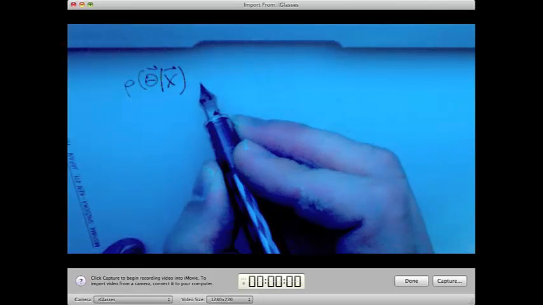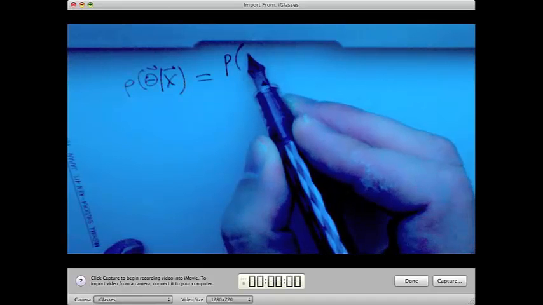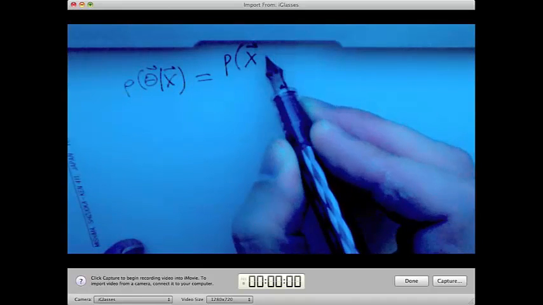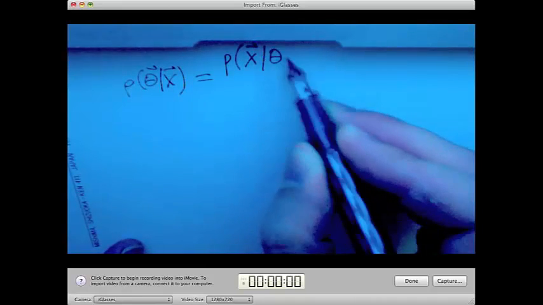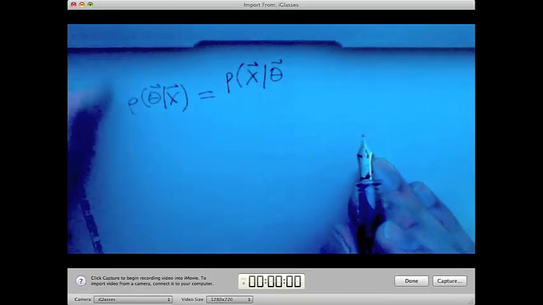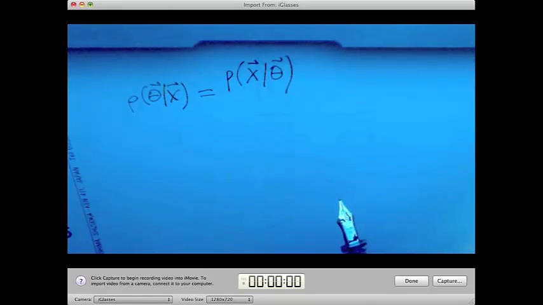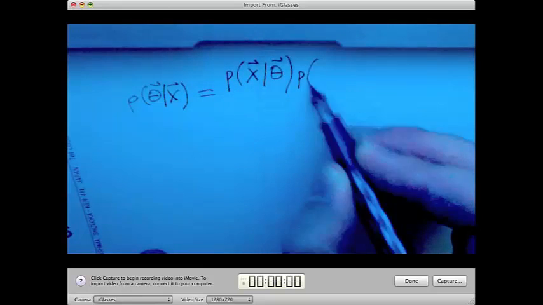Right. So we're going to have a likelihood. So you're basically telling me to put the observation first. What else? Yep, we can have a prior.